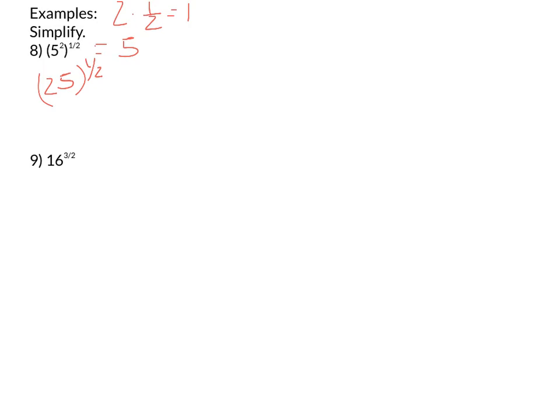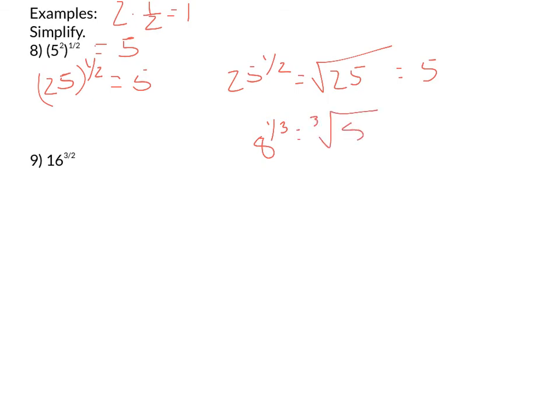So what does it mean to raise something to the 1/2 power? Well, we know we need it to be equal to 5. What's the operation on 25 that gets me 5? It turns out that 25 to the 1/2 then must be the same as the square root of 25, which results in 5. So if something is raised to the 1/2 power, it's the square root. If I were to take a number, and let's say I'll use 8, if I raise 8 to the 1/3 power, that's the same as the cube root of 8.